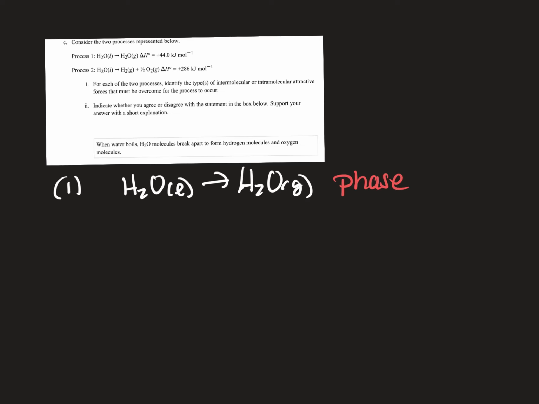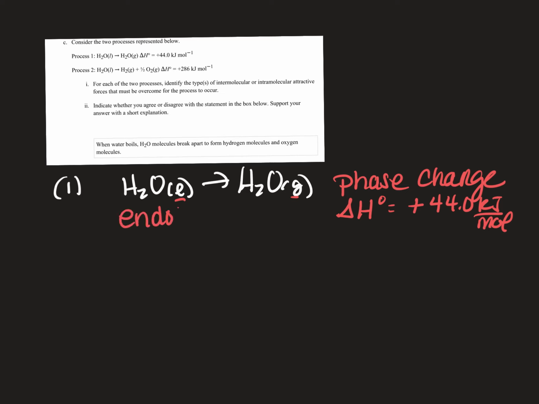This is a phase change, right? Because we're just changing liquid to gas. And it says delta H naught is positive 44.0 kilojoules per mole. So what this identifies is when we see a positive delta H, that means that this is an endothermic process. This tells us how much heat is required for this phase change to occur.